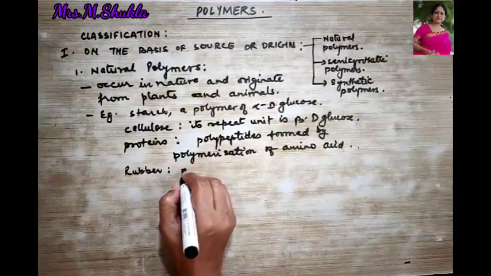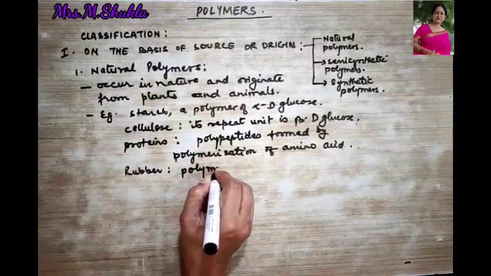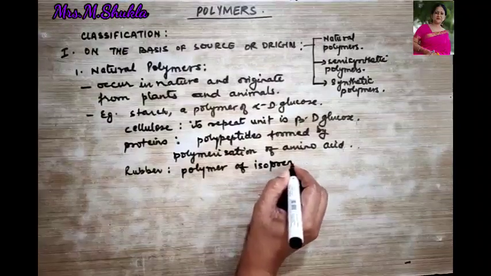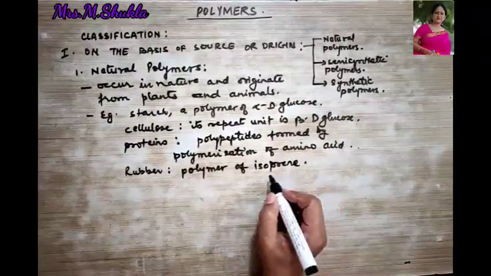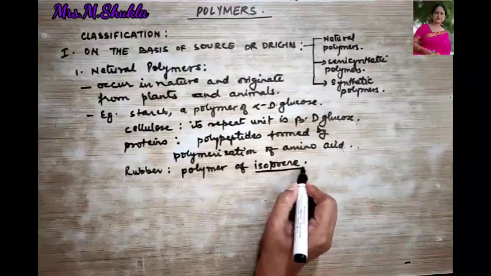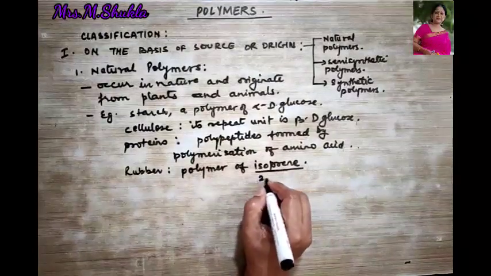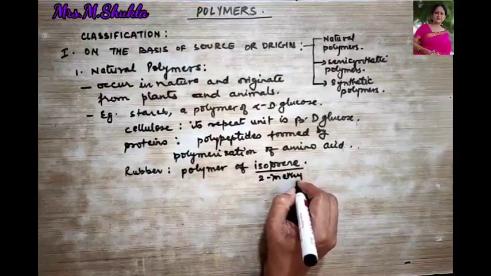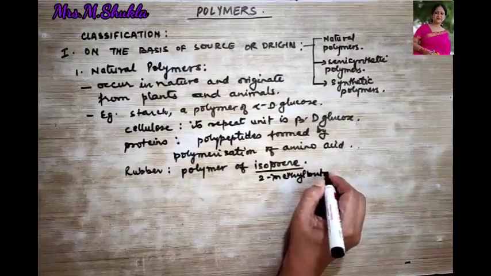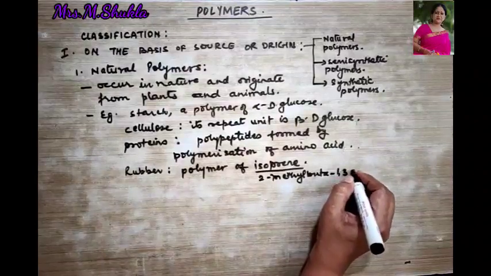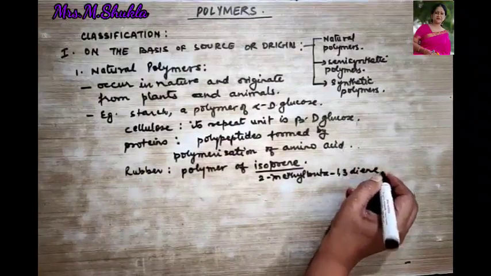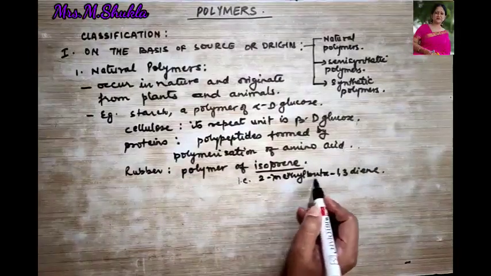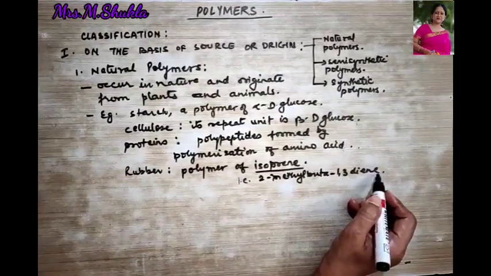A polymer of isoprene, right? When I say isoprene, I mean 2-methyl buta-1,3-diene.